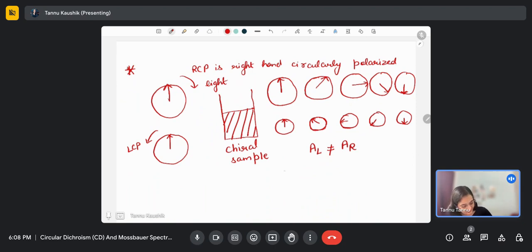So as a result, the light we will get is like this.